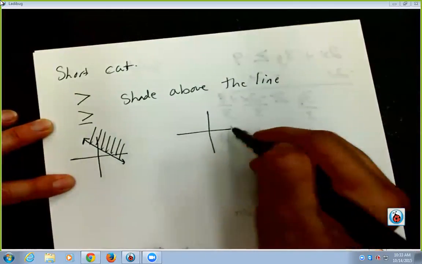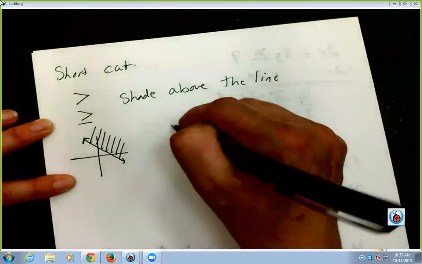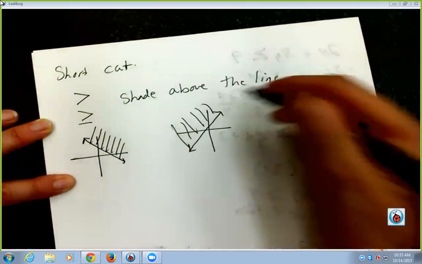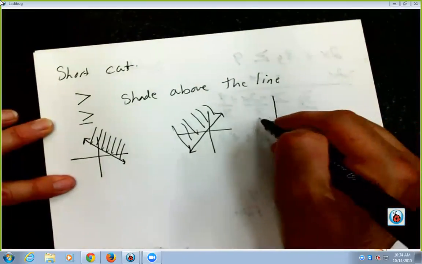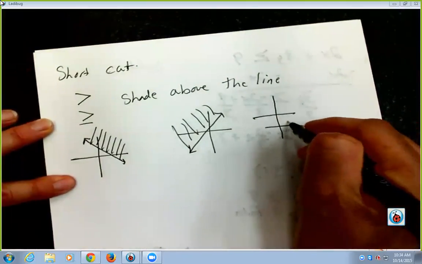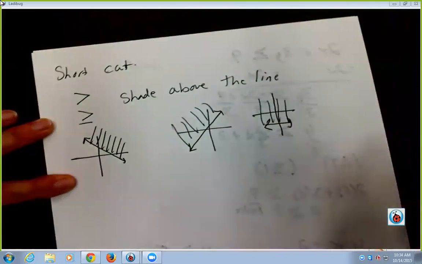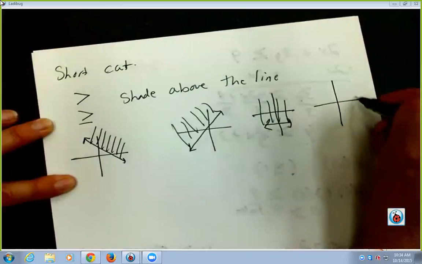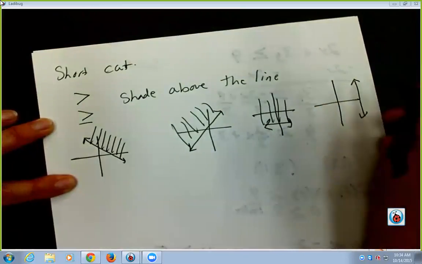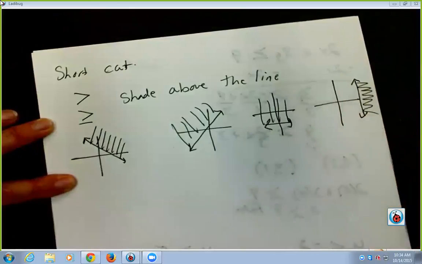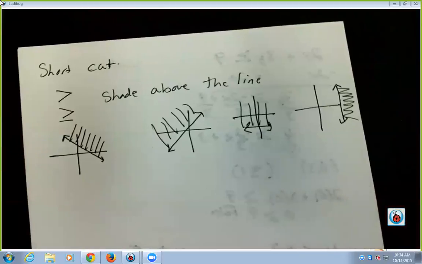If you have a positive slope, we would shade above the line, okay? If you have a horizontal line, you would shade above the line. If you had a vertical line, you would shade above the line. So that's kind of the shortcut of doing our shading.